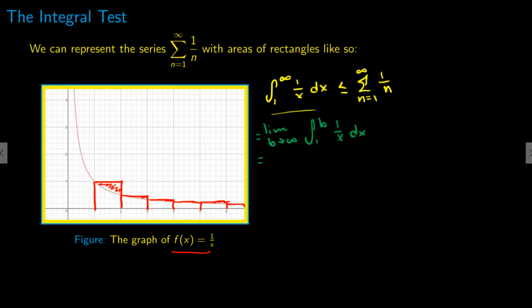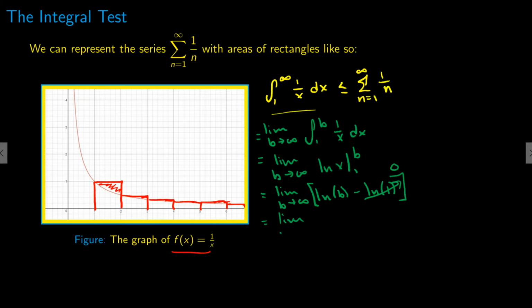But this is just the limit as b goes to infinity of ln of x evaluated from 1 to b, which is the limit as b goes to infinity of natural log b minus natural log of 1. But natural log of 1 is just 0, so that term goes away, and we're left with the limit as b goes to infinity of natural log b, and that's just infinity.